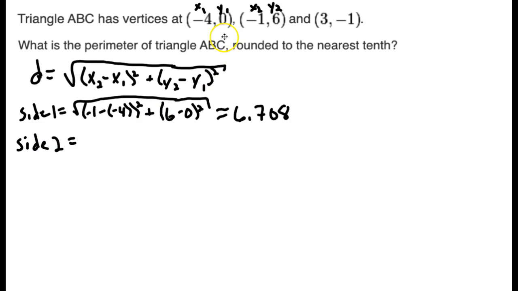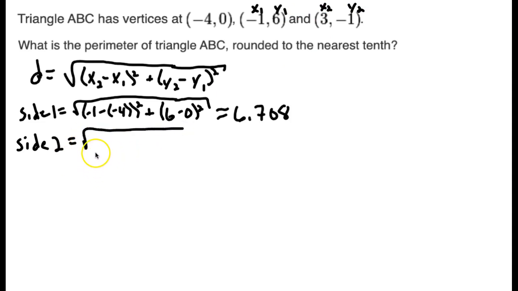So now I'm going to come back up here. We did the first and the second points for side 1. Now I'll do the second and the third points. So I'll label x1, y1, x2, y2, and plug them in.